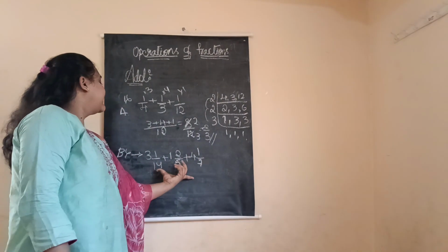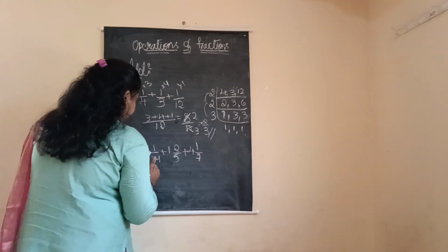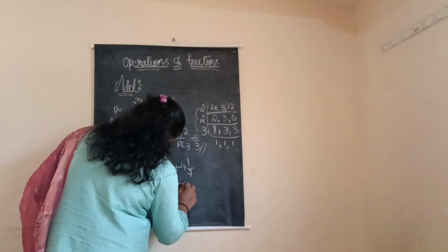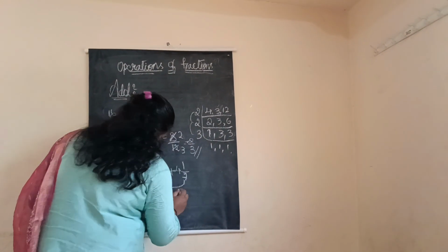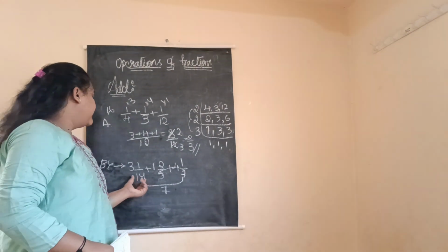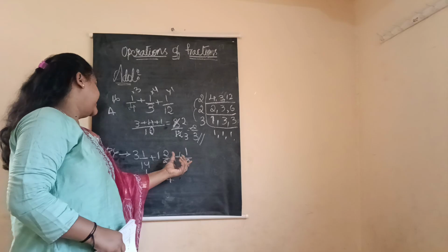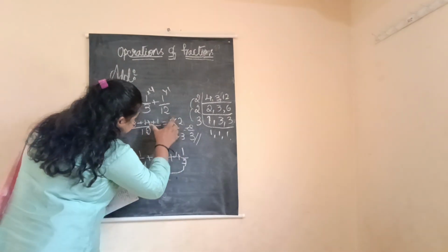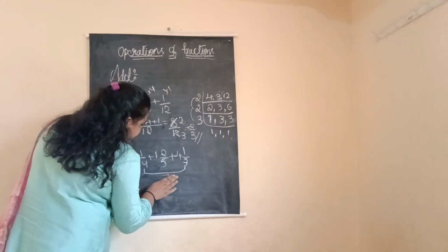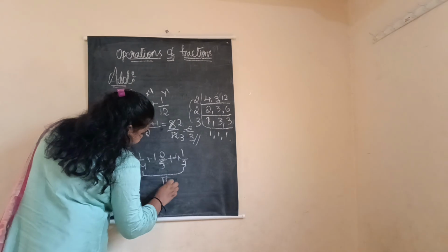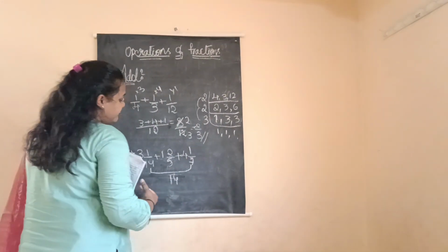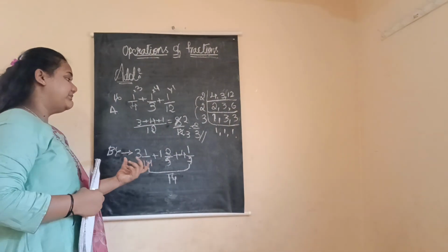Only 7 and 14 are related. 14 is a multiple of 7: 7 2s are 14. So when we apply case A here, the LCM is 14. 14 times 5 is 70. Because they are unrelated, we have to multiply directly.